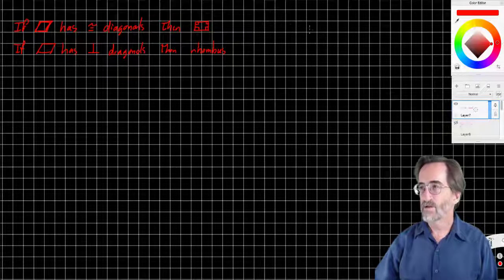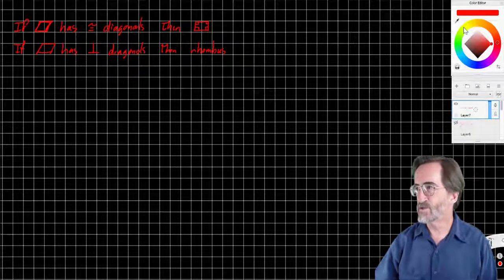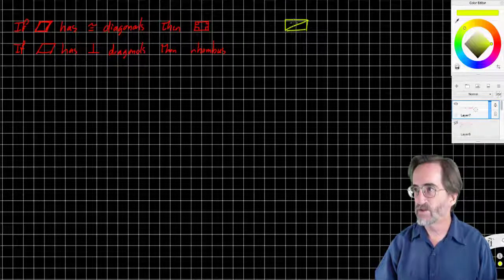Okay, so let's sketch these two cases. So we have a parallelogram where the diagonals are congruent. So if I say A, B, C, D, I'm saying AC is congruent to BD.